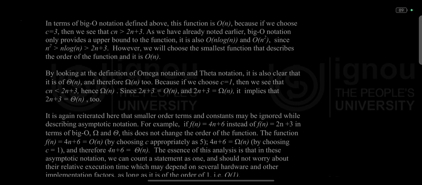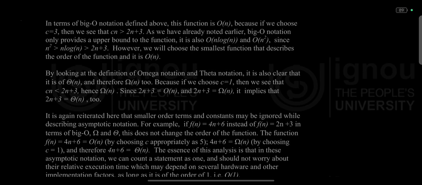It is also big O of n log n and big O of n squared, since n squared is greater than n log n, which is greater than 2n plus 3. However, we will choose the smallest function that describes the order of the function, and it is big O of n.